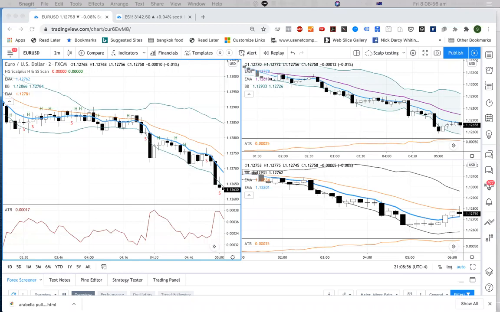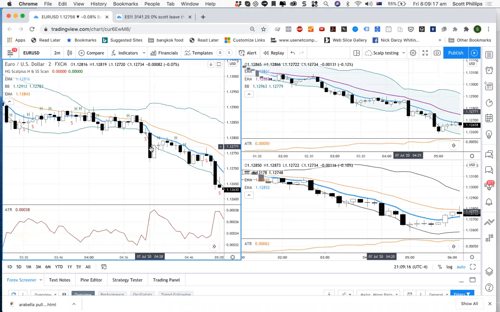Okay, so that is 432. RTC by 1.12865, 1.12815, and that 1.12715.